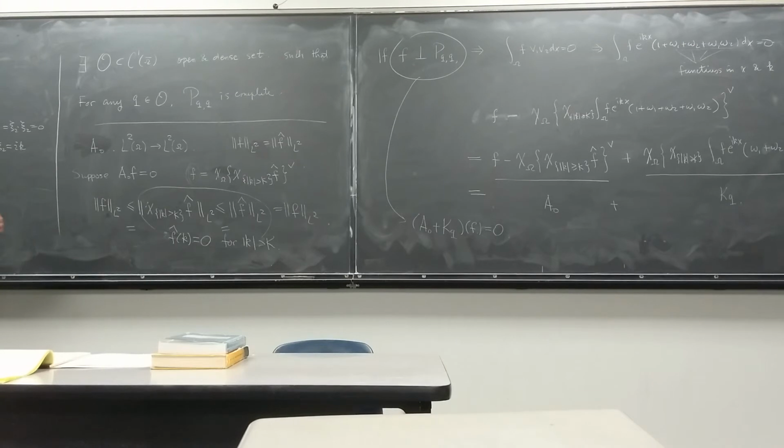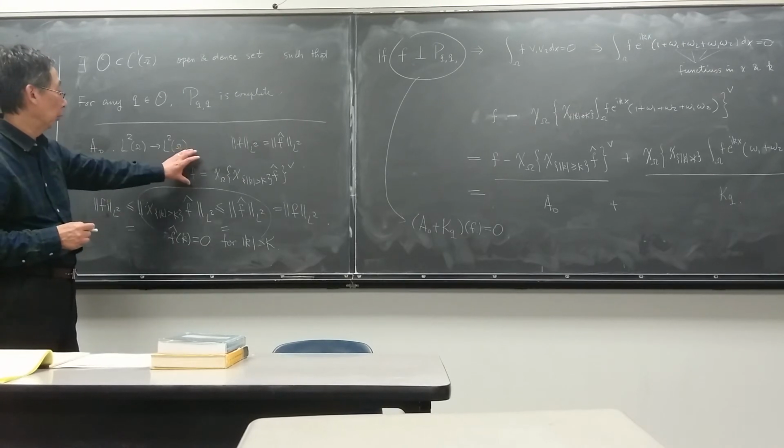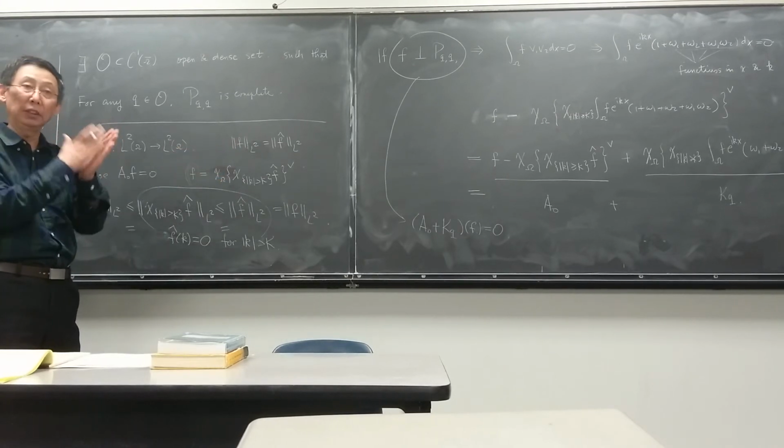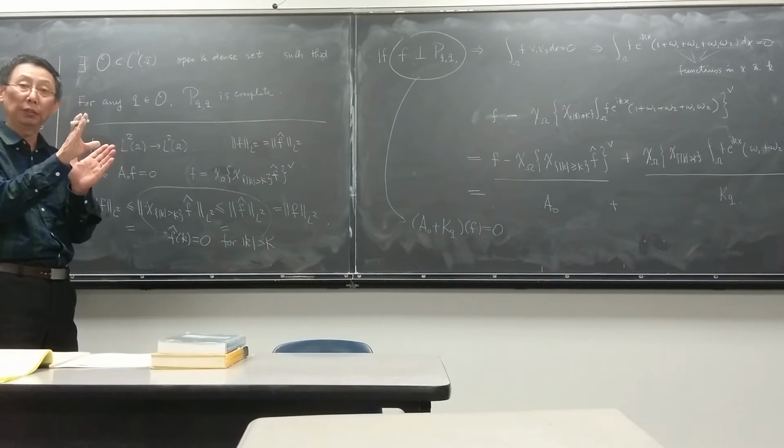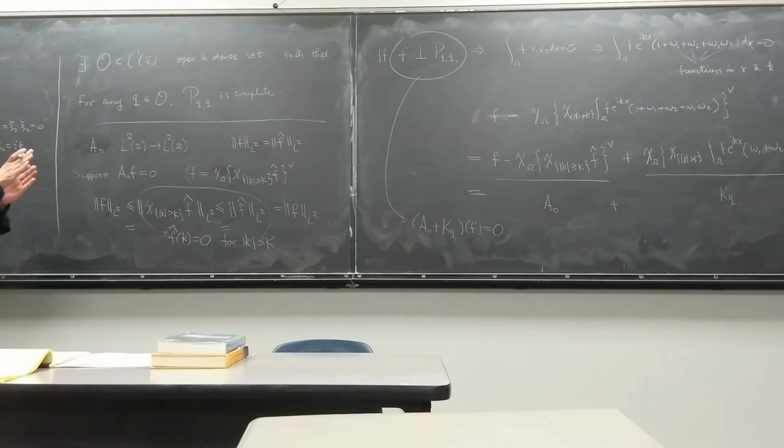We will be able to show that this actually is a Fredholm operator, so the identity operator plus a compact operator. And for such an operator, if it is injective, it will automatically imply it's isomorphic. I'm going to deal with that issue later.